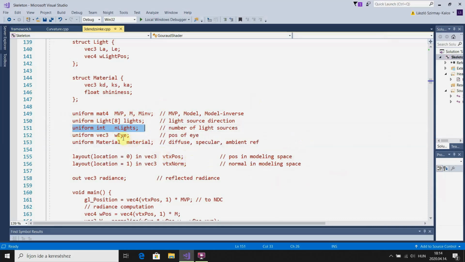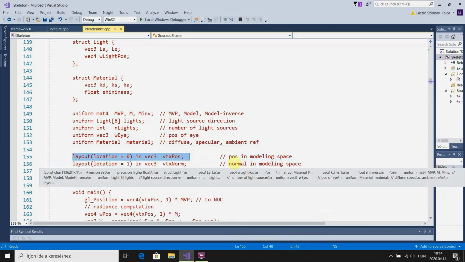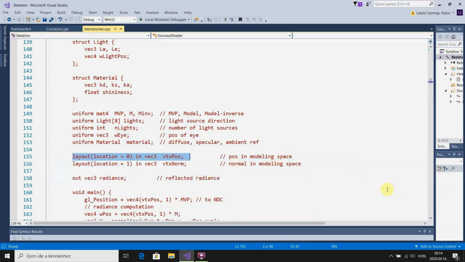The illumination also needs the viewing direction, which can be computed from the world position of the camera, called wEye, and this material uniform variable stores the material properties like the ambient, diffuse, or specular reflectivities. As varying inputs, this shader gets the position of the vertex in modeling space and also the surface normal of the original surface at the point of the specified vertices.